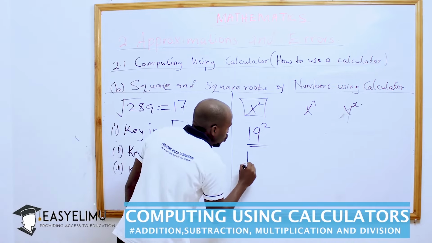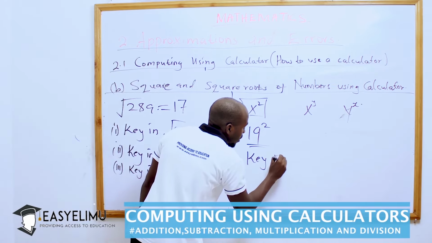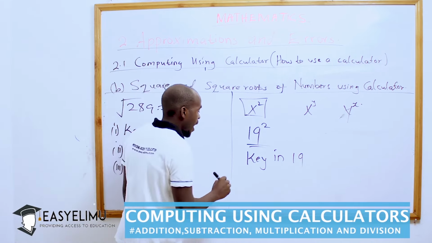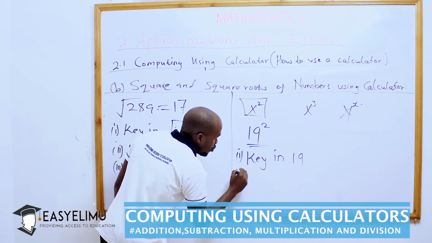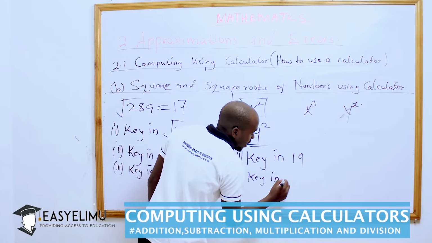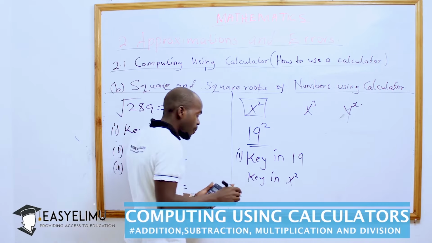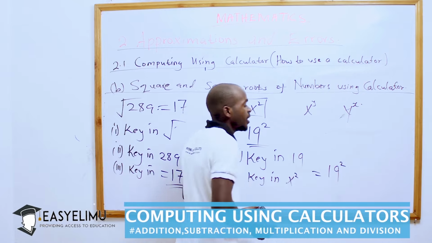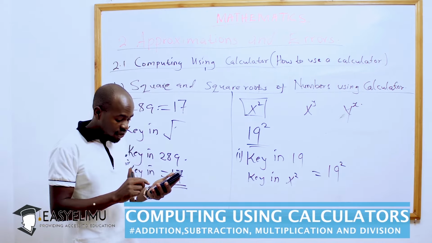So if you are asked to find 19 squared, the first thing you key in is 19, that is 1 and 9. After doing that, you key in the x squared key, and you will find the screen displays 19 squared.